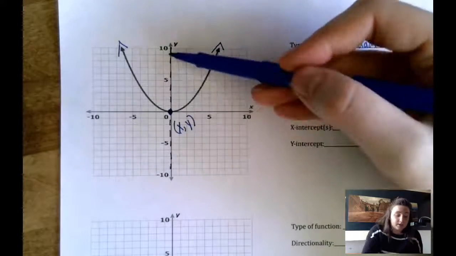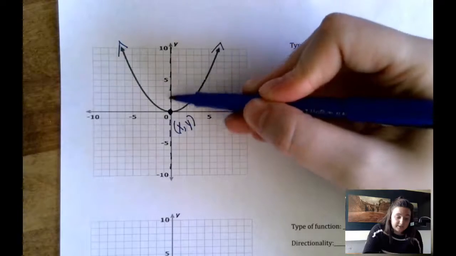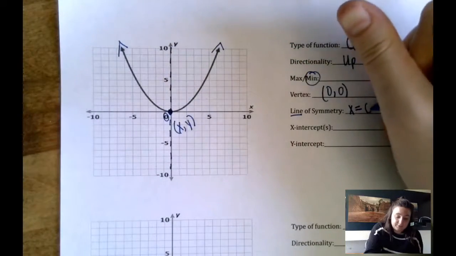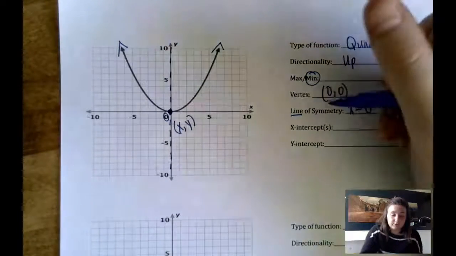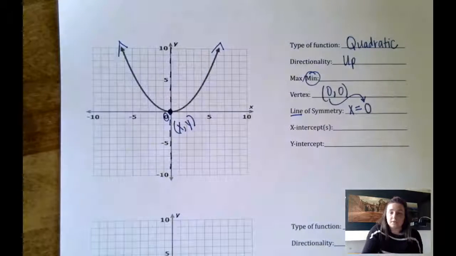And you can see as you draw down this line, you go right through the number 0, and so that's our line of symmetry. Or you can look at the x value of your vertex, which will always be the same as your line of symmetry. So however you remember it is best is fine with me.